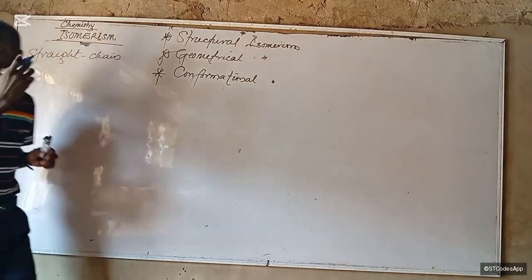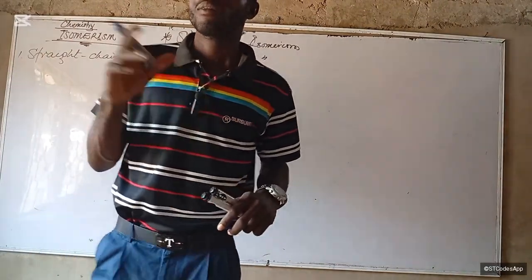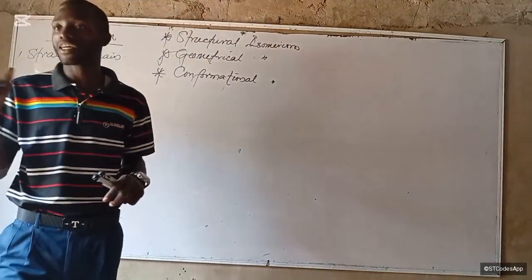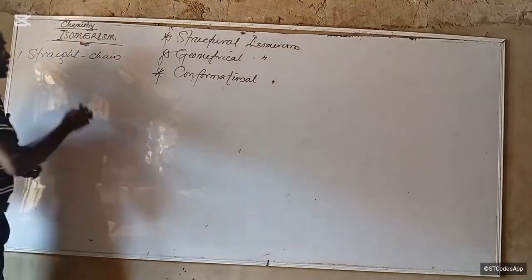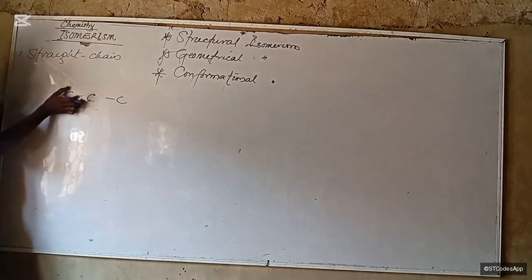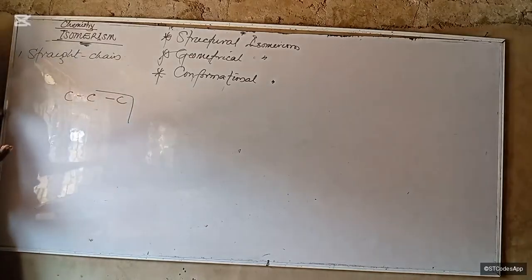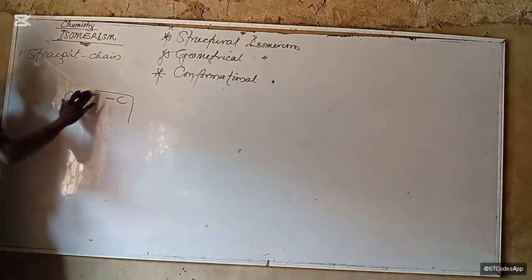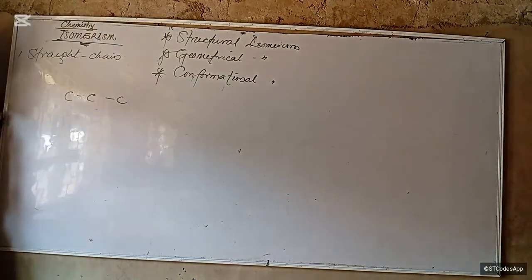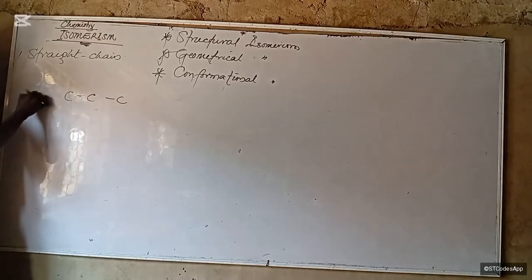The first alkane, for example, that has an isomer is butane. Propane cannot have an isomer because it has 3 carbons, so there's no way you can rotate it. If I remove this carbon and put it here, I'll still have my longest chain to be 3 carbons. Does that make sense? First, let me give an explanation with pentane.